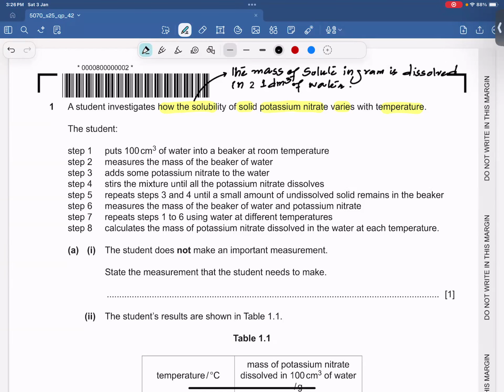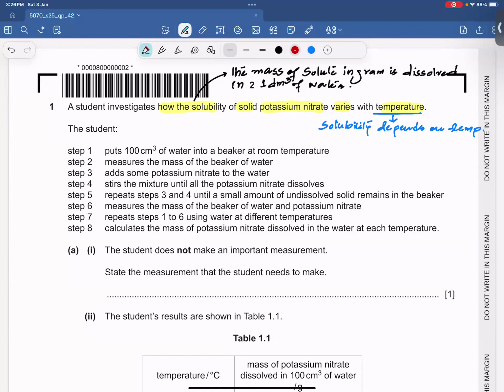Okay, and also I've told you in variant 1 that solubility depends on temperature. So temperature increases, solubility increases, which means the reaction is going to be endothermic.